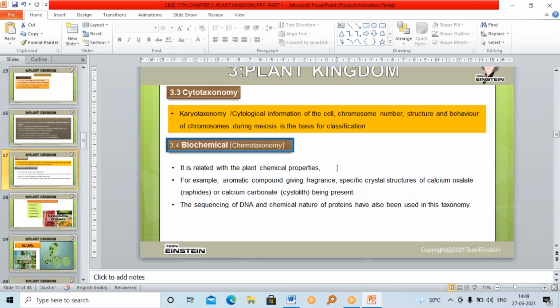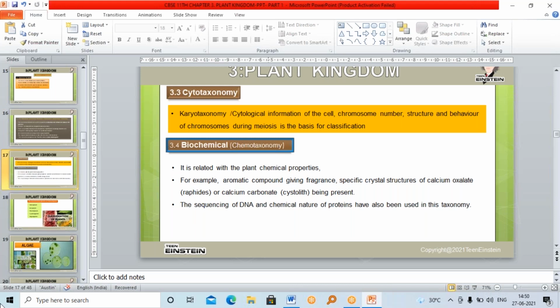Next is biochemical or chemotaxonomy. This is related with plant chemical properties. Cytotaxonomy is with information of the cell, which is related to chromosome structure, chromosome number, all those things. But biochemical is related with the chemical properties of the plant.